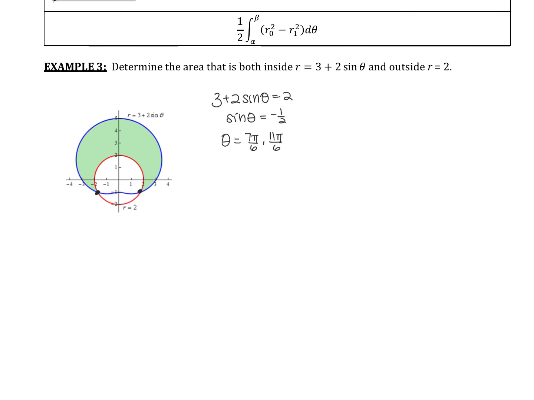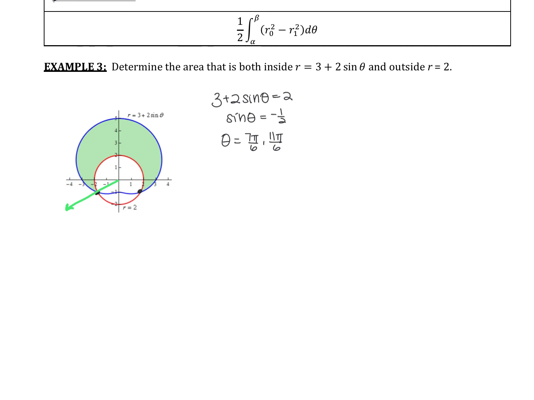But let's picture the unit circle for just a moment. If we were to trace around the unit circle, it makes sense that 7 pi over 6 would be right here. That angle makes sense. Agreed?